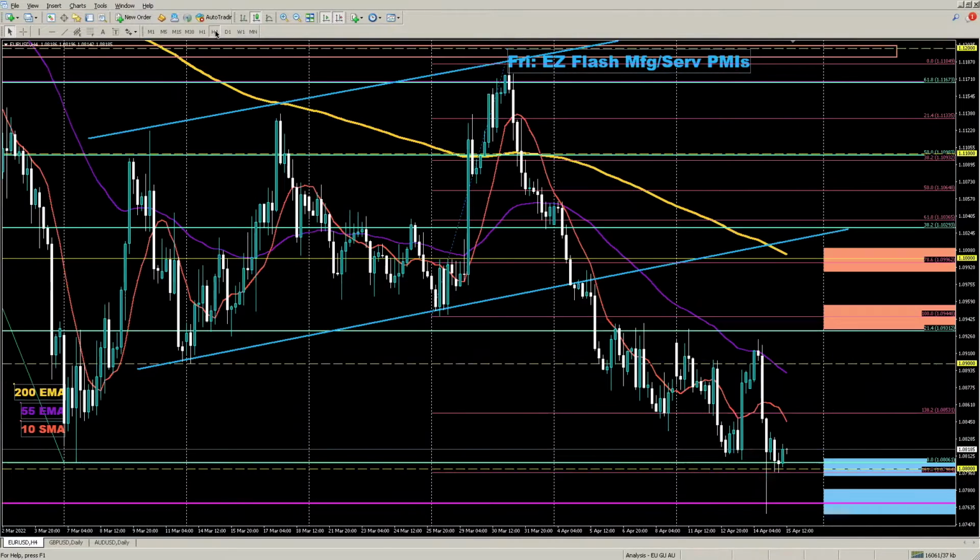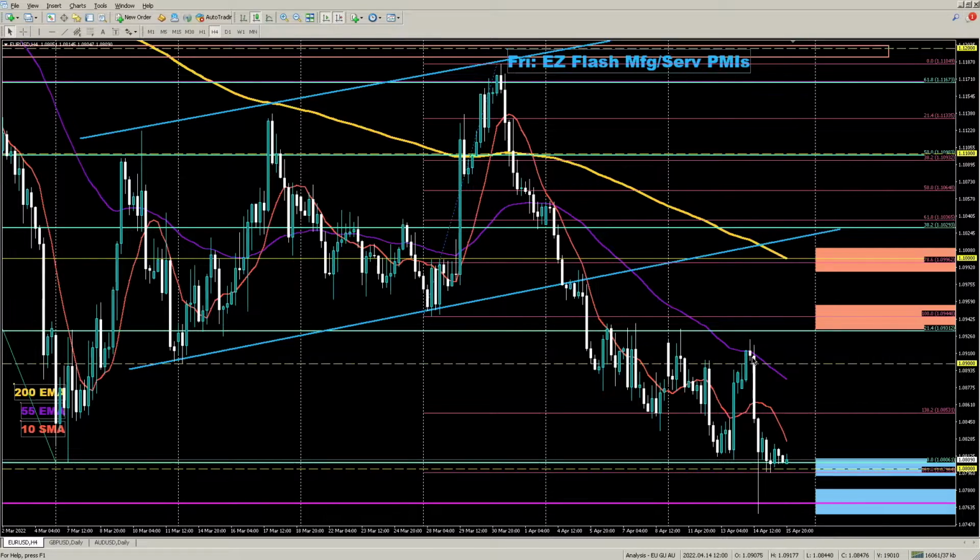If we go to the 4-hour time frame, as you can see there was a spike on the second 4-hour candle after the 9 o'clock close. The ECB statement was at 7:45 US time in the morning, and that's where it already started to drop lower.